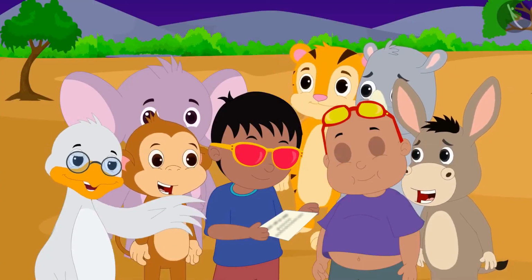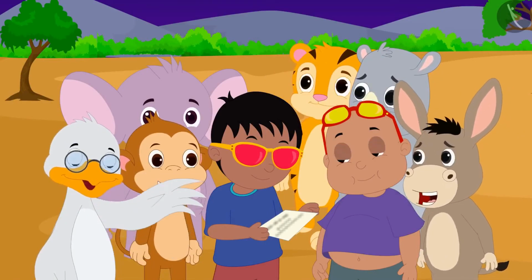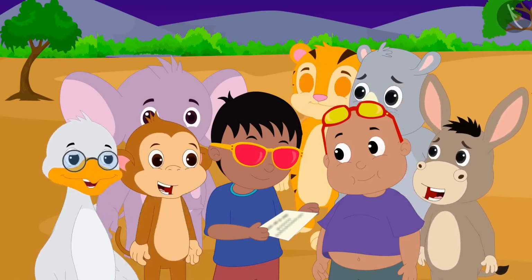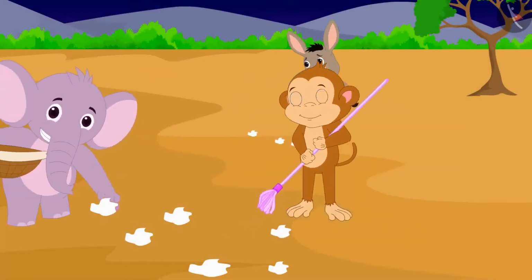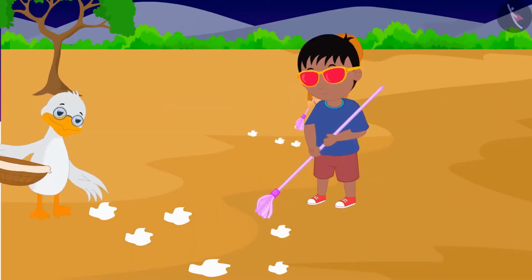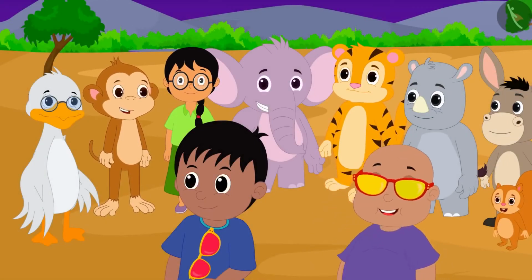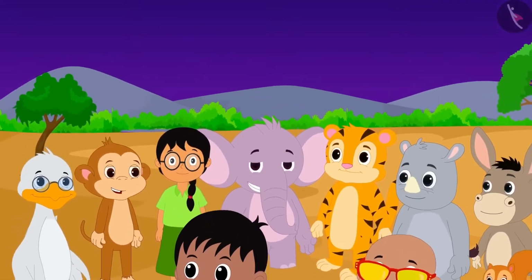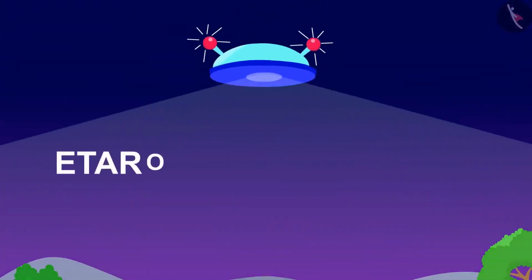Uncle too, like you, quickly understood this hidden message and read it to the villagers. All the villagers together cleared the garbage scattered on the ground. Now, Bablu looked at the sky with his unique glasses. He saw this next hidden message there.